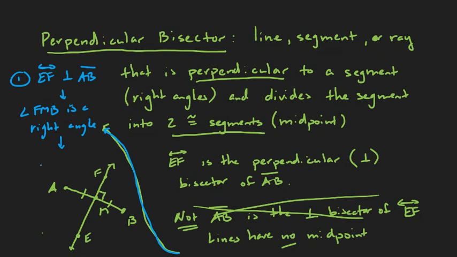And that means that it has a measure of 90 degrees. The measure of angle FMB equals 90 degrees.